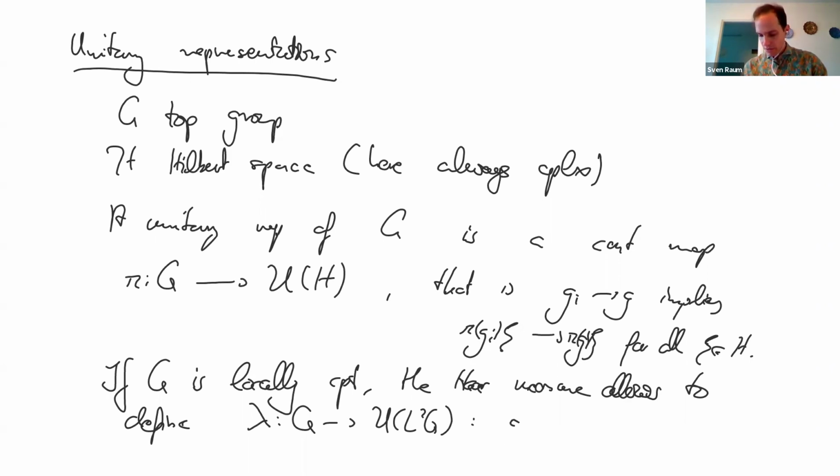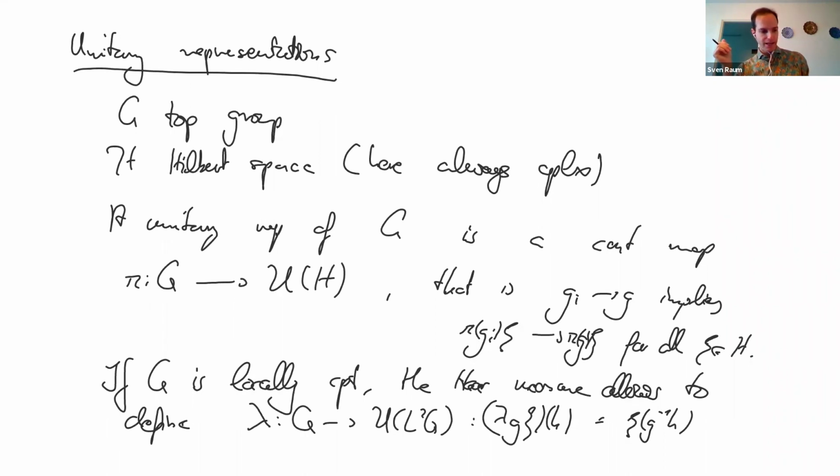So λ(g)ψ at h is ψ(g^-1 h) for all, let's say, compactly supported continuous functions ψ, and then this extends to a unitary representation. Okay, so this way we get a canonical representation, and this one will be the basis for defining operator algebras a little bit later.